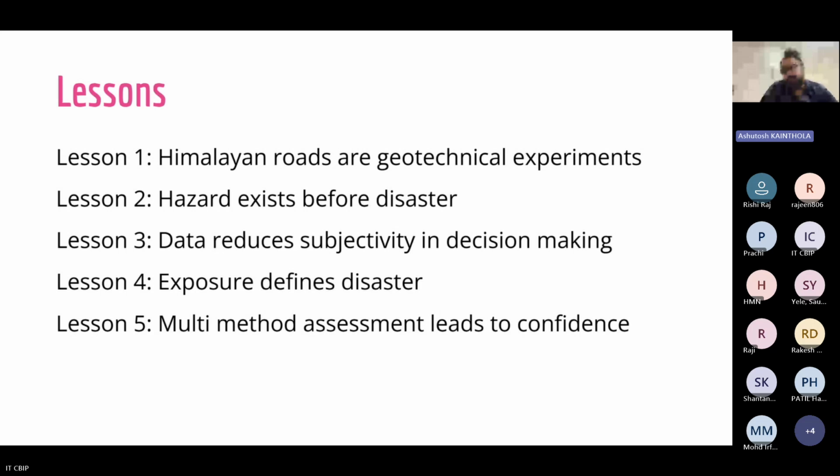The famous statistician once said that all models are wrong because they all have certain assumptions. So, irrespective of how much faith you have in your model, in your simulation, keep in mind that it has some underlying assumptions. Nature does not follow simple rules. Nature is complex. So, multi-method assessment is the way to proceed. Next slide, please.